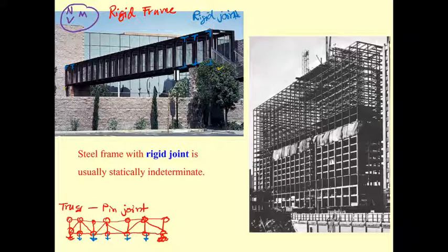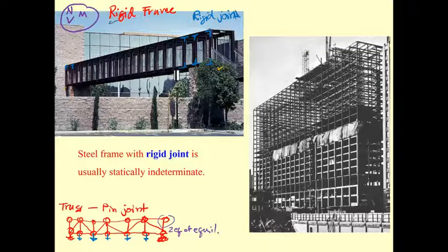So each joint of this is going to have 3 equations of equilibrium, unlike the joints of the truss that have only 2 equations of equilibrium. That's different.